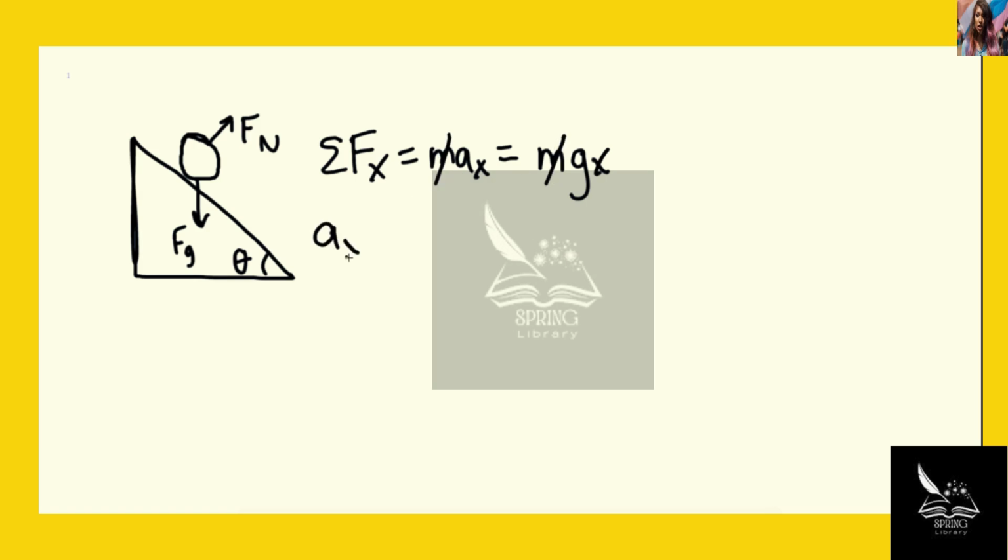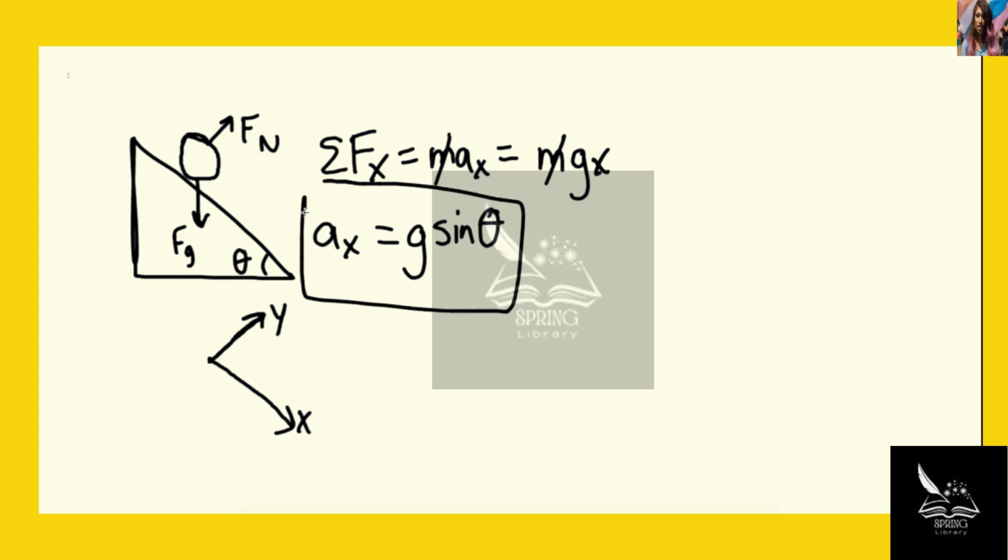We're choosing our Cartesian axes to be convenient for us. And so the acceleration in the x direction equals the magnitude of the acceleration of gravity on Earth's surface, 9.8 meters per second squared, multiplied by sine of the angle of the incline theta. This is our answer for the acceleration due to gravity.